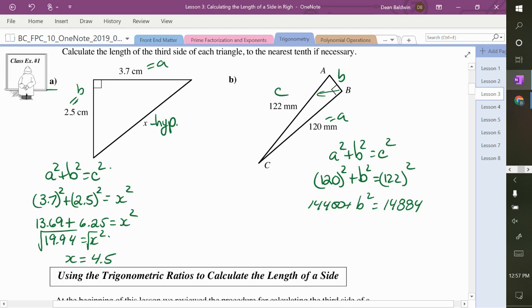Does that make more sense? Okay. Is everybody okay with that? How do I solve for B squared? What do I do with the 14,400? Subtract it. 484. Is that what it equals? Did I do that right?